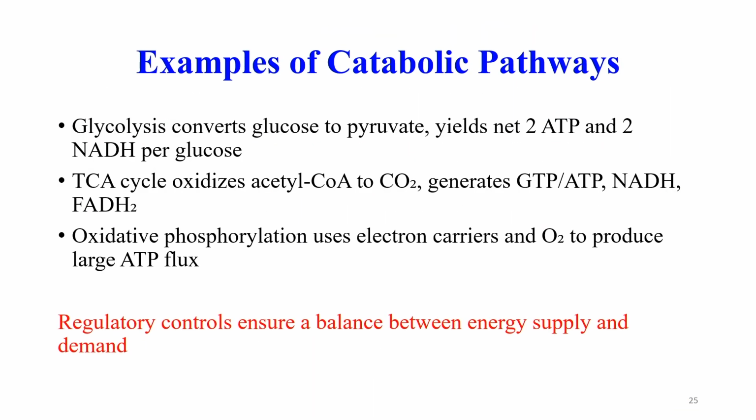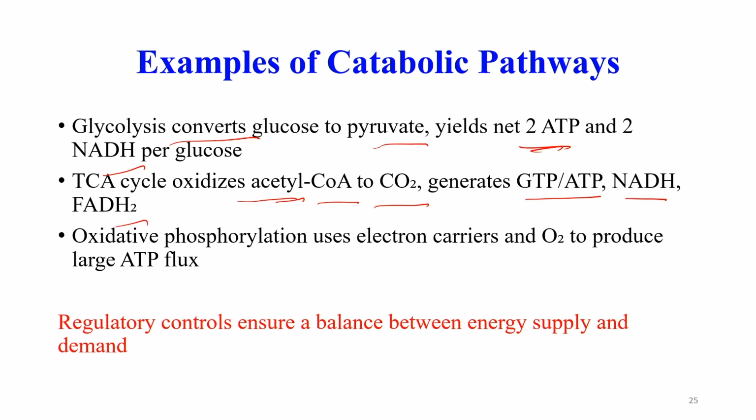Let us take an example of a catabolic process. In glycolysis, glucose is converted to pyruvate, and it yields 2 ATP and 2 NADH molecules. The TCA cycle oxidizes acetyl CoA to carbon dioxide and generates ATP, NADH, FADH2.